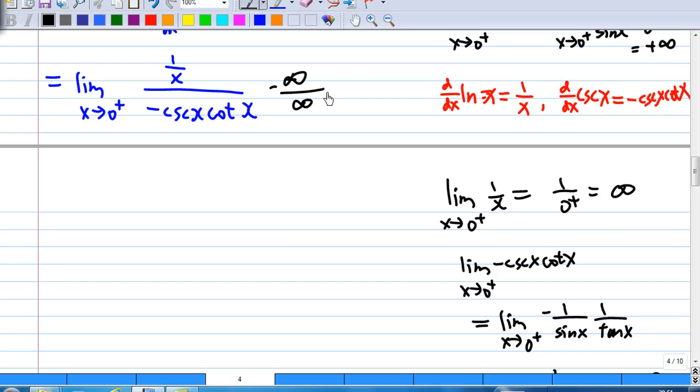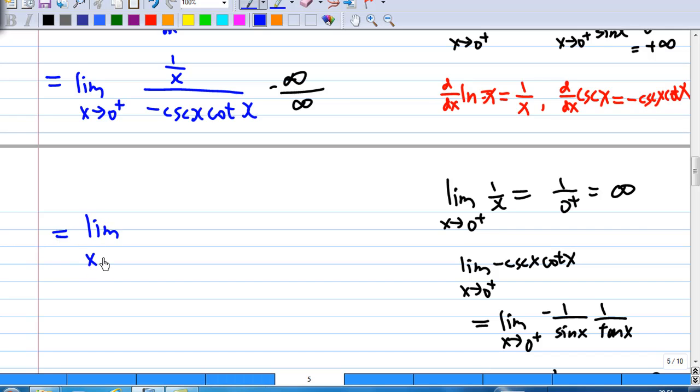So this is a perfect case where you still can apply L'Hopital's rule. As you apply L'Hopital's rule, the differentiation gets more and more complicated because you are going to use the product rule. So instead of applying L'Hopital's rule again, we modify the situation a little bit.